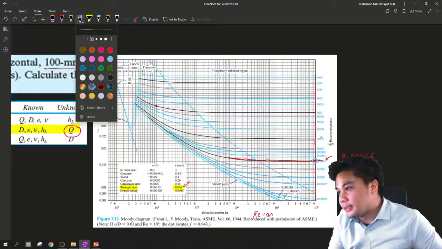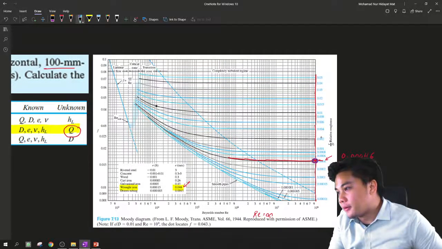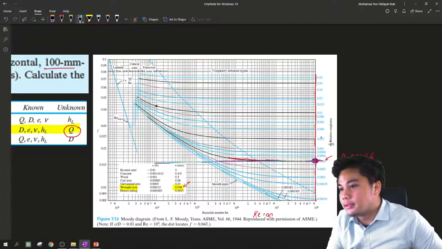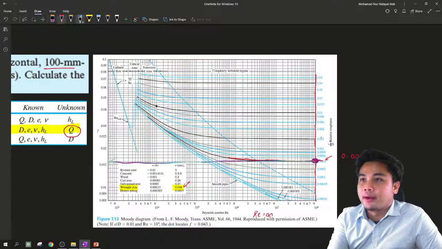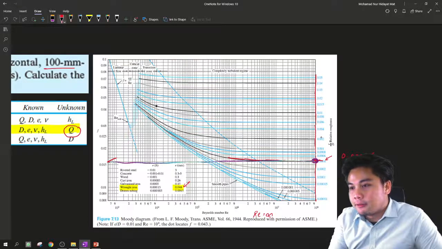This is the intersection point. Once we have the intersection, plot it directly to the horizontal axis, and then you will find that your friction factor is in this range.